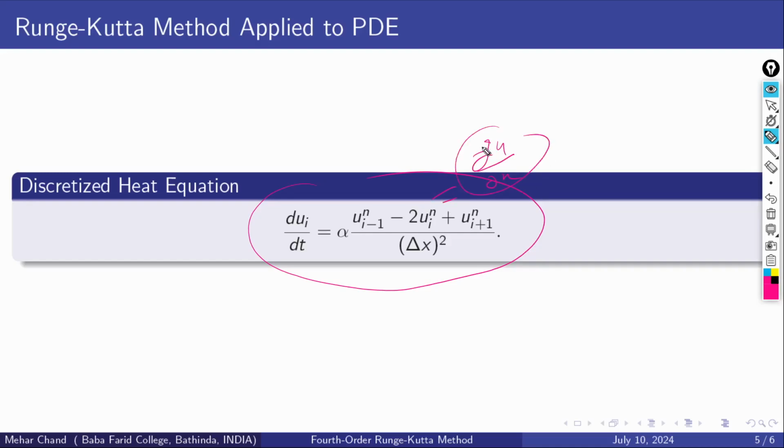So after discretization, we have to put the value in the right hand side of the given heat equation. And you can also observe that this part now becomes the ordinary derivative of u_i with respect to t, which is du_i upon dt. Now in this equation, we can easily apply the Runge-Kutta fourth order method to find the solution.